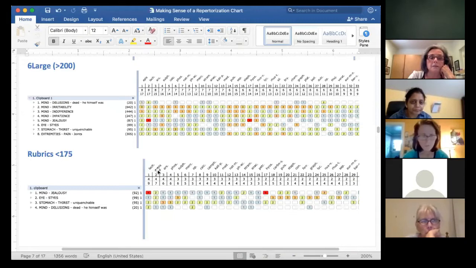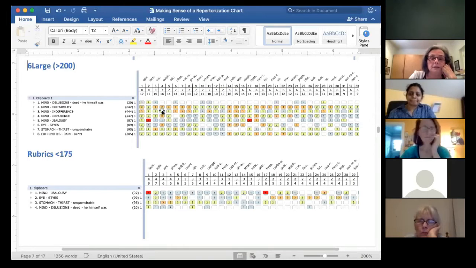They are in a different order. So the apis has changed place. Then the phosphorus is moved up, sulfur moved down, mercurius moved up, and opium is in the 7th spot. And if you look at this top chart, opium is way down here. We probably wouldn't even consider it because it's in 28th place.